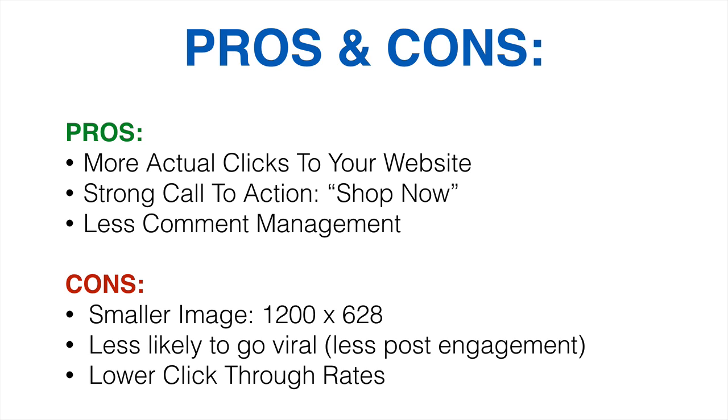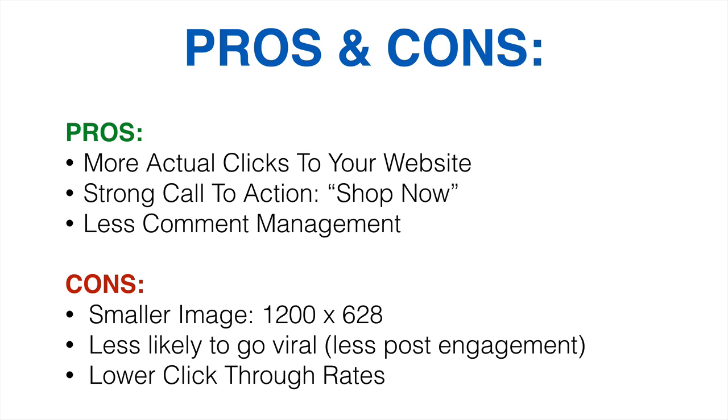Now, there are some cons to link ads. Everything has pros and cons. Smaller images. They are 1200 by 628 pixels. Think about that. That's exactly half the image size of a page post ad, which is 1200 by 1200.